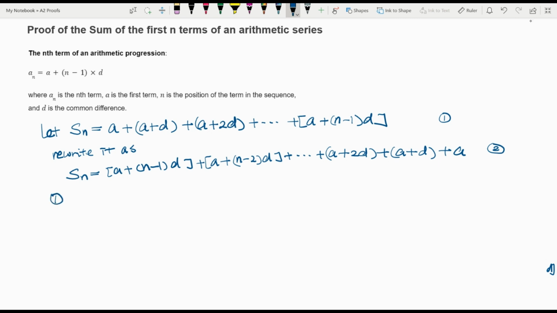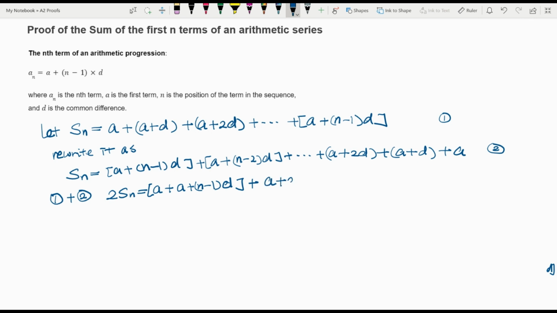And we add equation 1 to equation 2. That gives the left hand side 2Sn. And the right hand side is a plus a plus n minus 1 d. The first term in the first equation and the first term in the second equation, and so on.